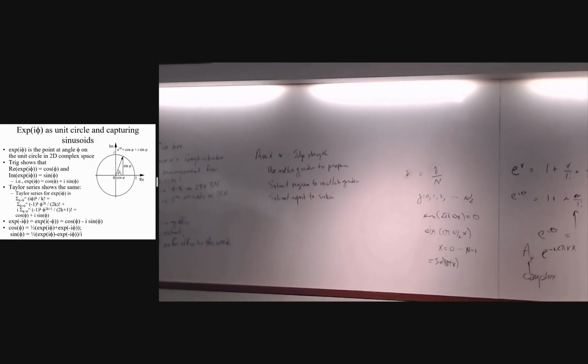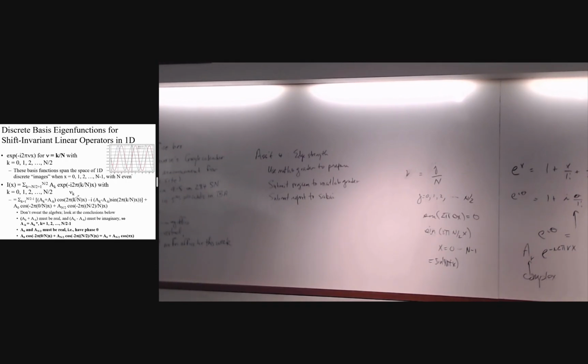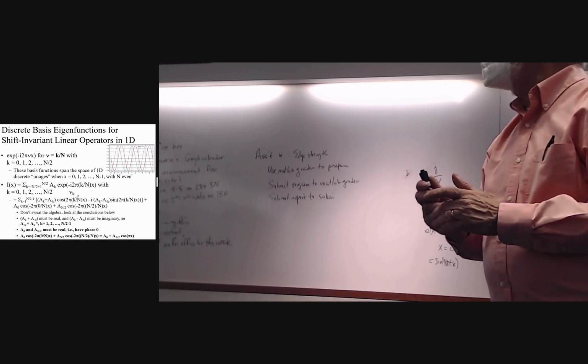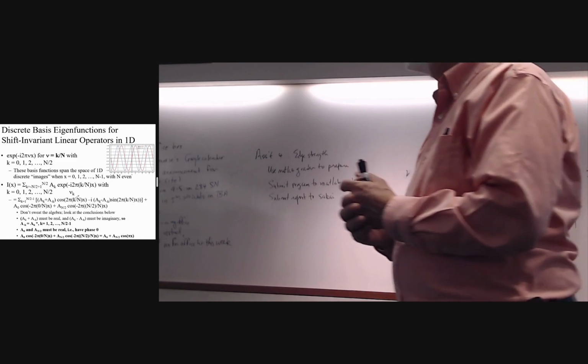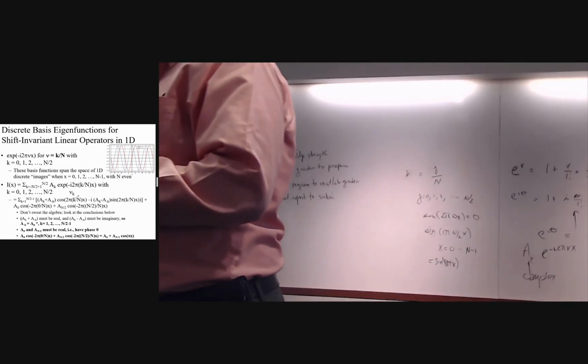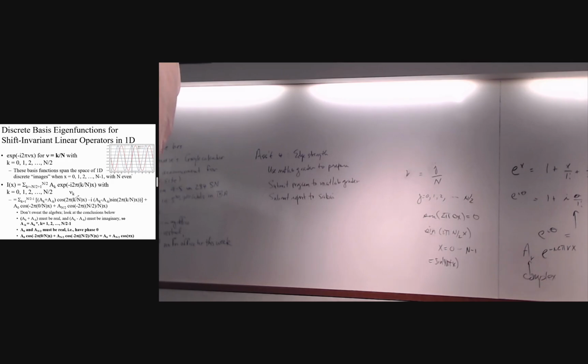Okay, so let's look at what's going on here. What we're going to want to do is e to the minus i 2 pi nu x as basis images, but with nu's being multiples of 1 over n, where n is the number of entries if you're going only in the x direction.